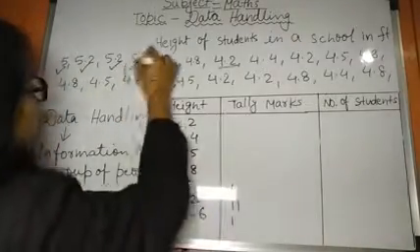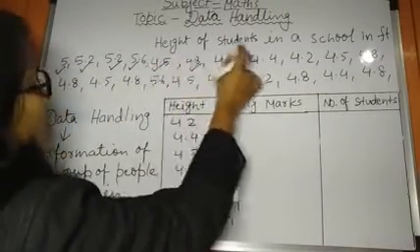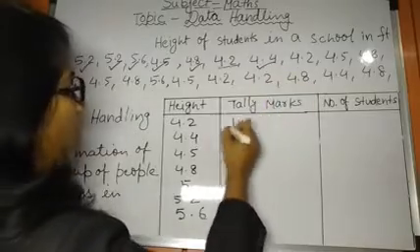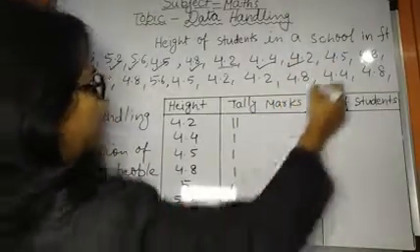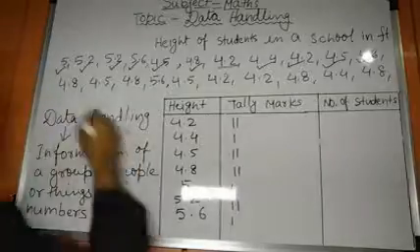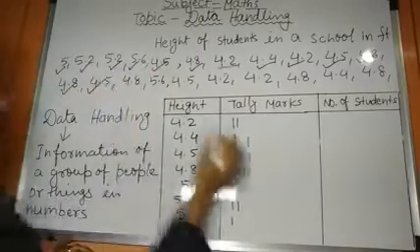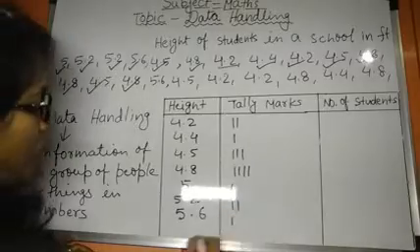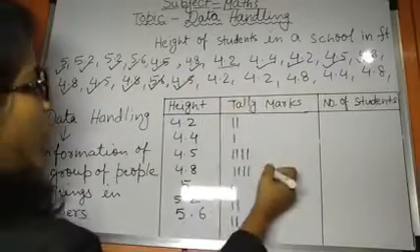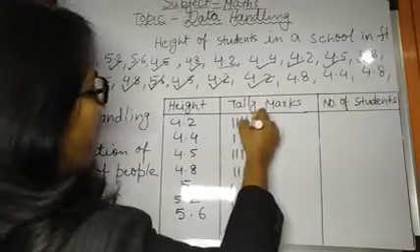Now 4.5, 1 line. 4.8, 1 line. 4.2, 1 line. 4.4, 1 line. 4.2 second line, 4.5 second line, 4.8 second line, 4.8 third line, 4.5 third line, 4.8 fourth line, 5.6 second line, 4.5 fourth line, 4.2 fifth line, 4.2 third line, 4.2 fourth line.